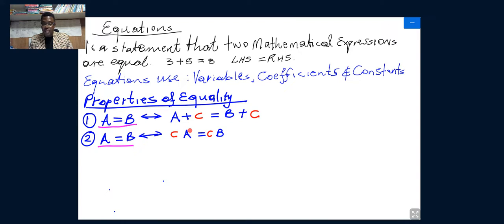It states that what you do on the left-hand side, you also do on the right-hand side. Number two, we also have A equal to B. We also learn here that what you do on the left-hand side, you also do on the right-hand side. If you multiply on the left-hand side, you must multiply with the same thing on the right-hand side. If you divide on the left-hand side, you'll also divide on the right-hand side.